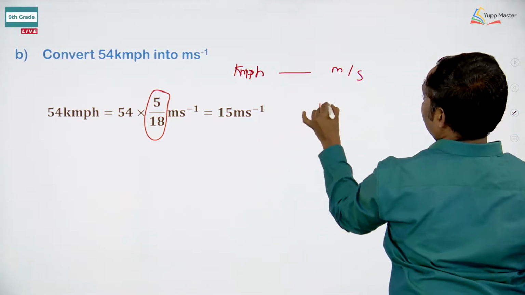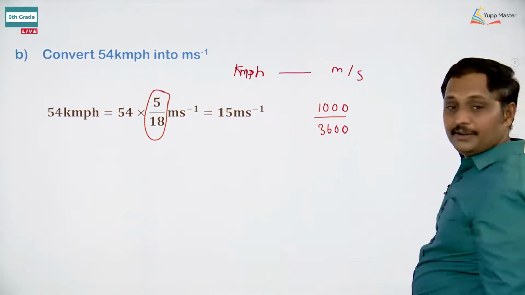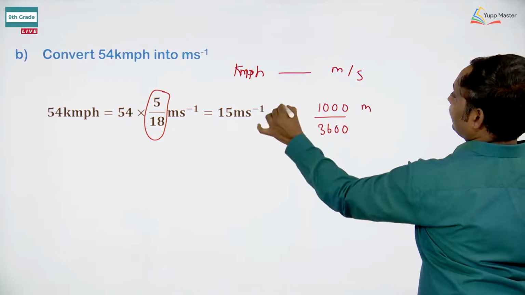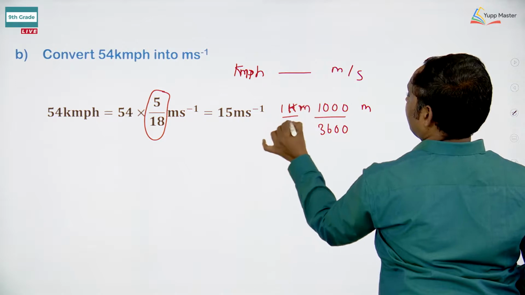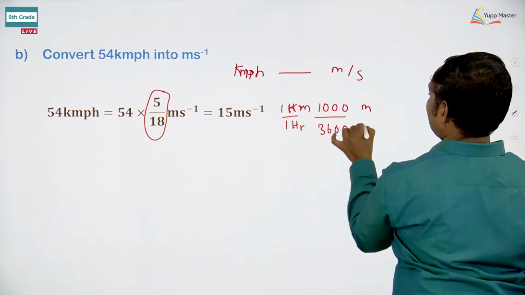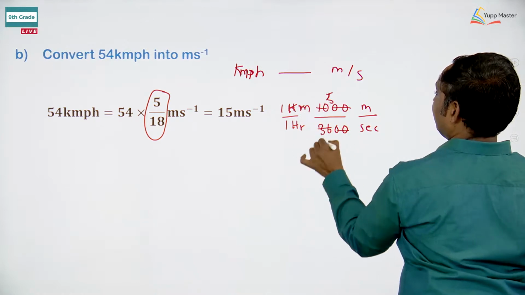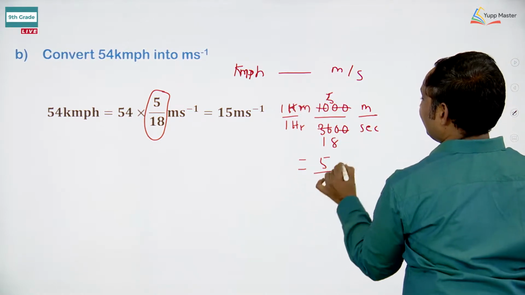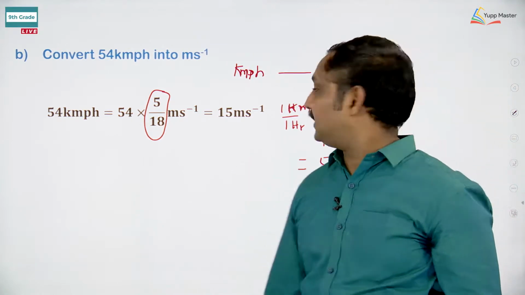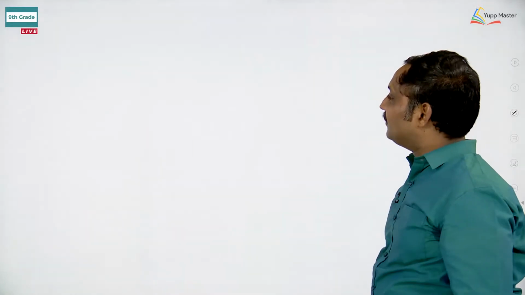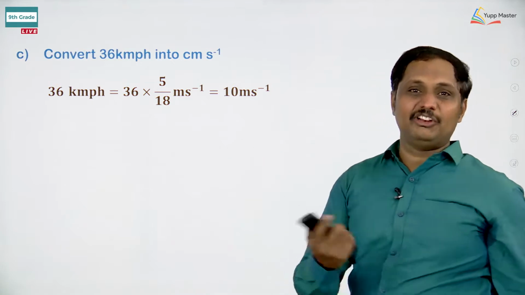While converting kilometer per hour into meter per second, you take 1000 meter for 1 kilometer and 1 hour as 3600 seconds. Just you will take that, that is 5 by 18 meter per second. It's very simple. Easily you will find out that conversion. At the same time, the dimensional formula is also going to be calculated. It is very clear.